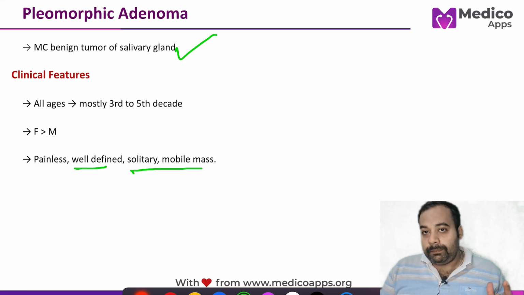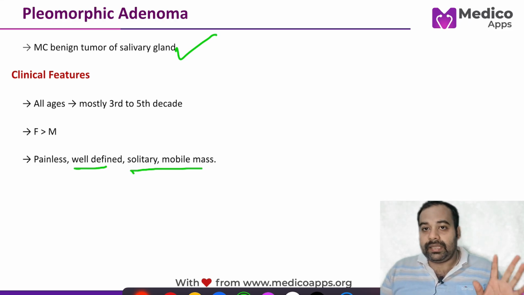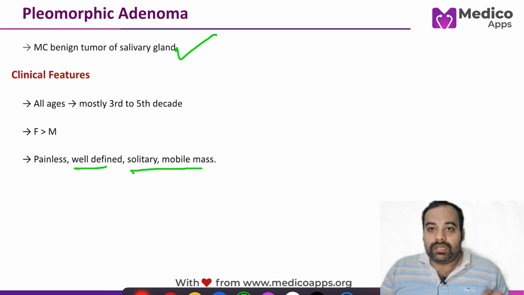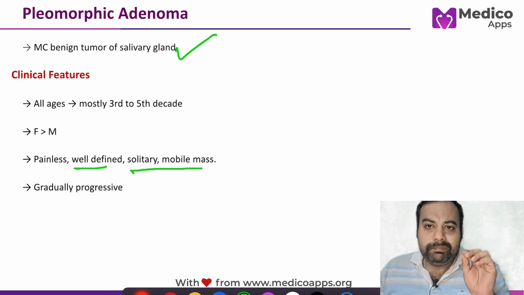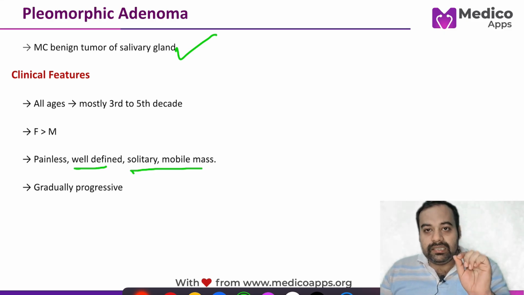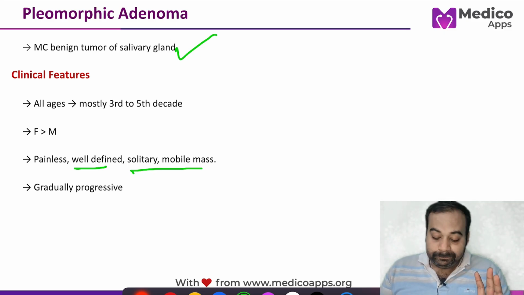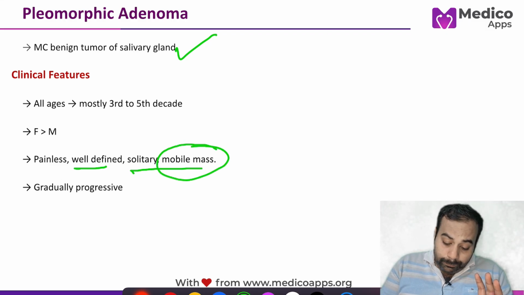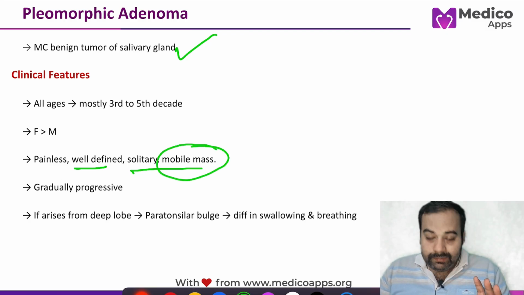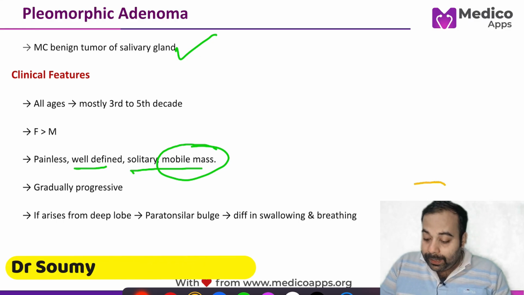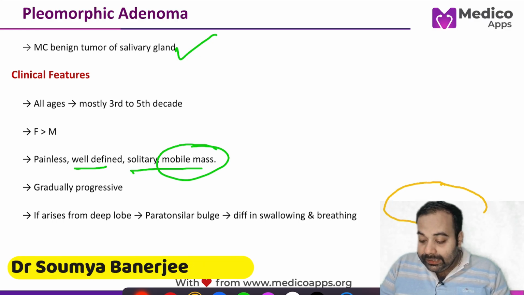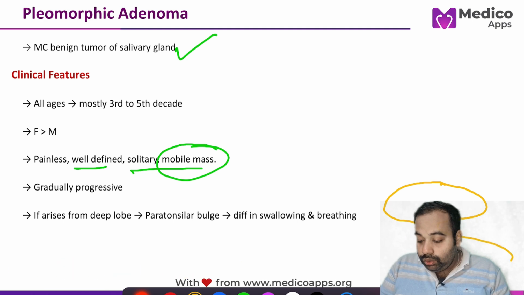On asking, the patient complains of having the same swelling for a few years. That is the typical history the patient will give you. The important aspect is the mobile mass. Now let's try to understand: we have the parotid gland, and that has two lobes.